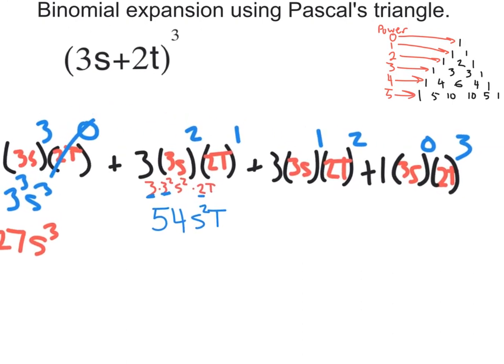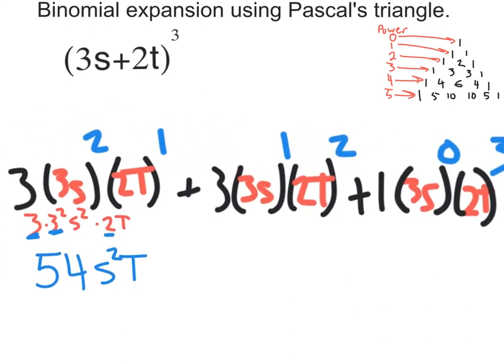Moving on to my third term, I'm going to do the 3s to the 1 power. That just simply stays 3s. Don't forget about the times 3 that's out in the front. And the back part, when you distribute that 2 to the 2 and to the t, you're going to get 2 squared t squared.